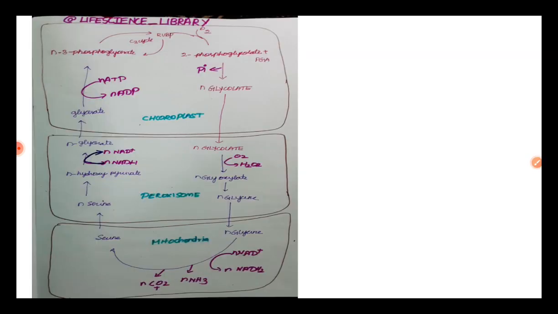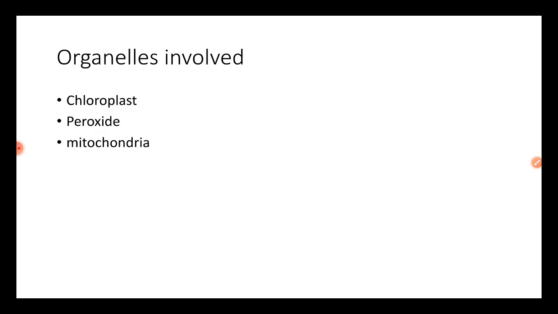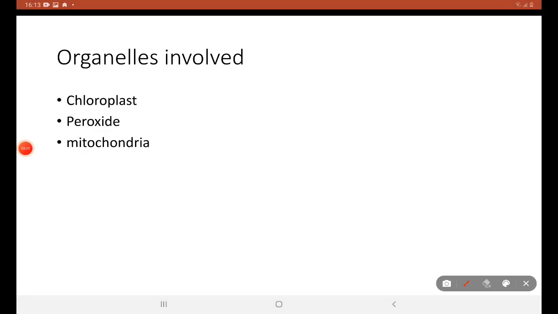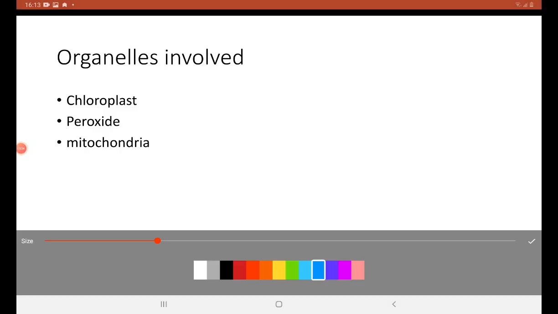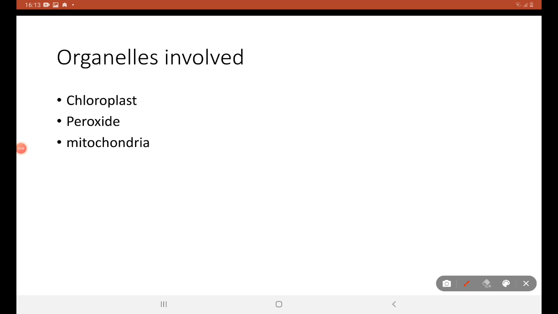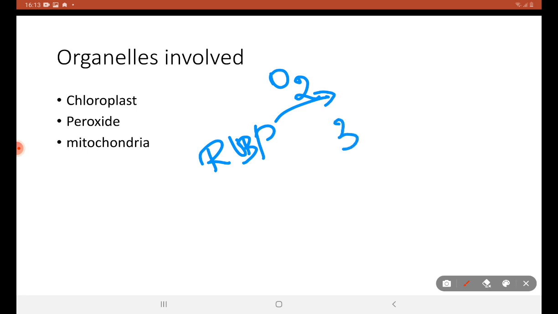Now we will see the entire cycle of photorespiration. Before that, we will see what happens if oxygen is taken in and what are the major functions of the Rubisco enzyme. RuBP is oxygenated. The Rubisco enzyme is involved.